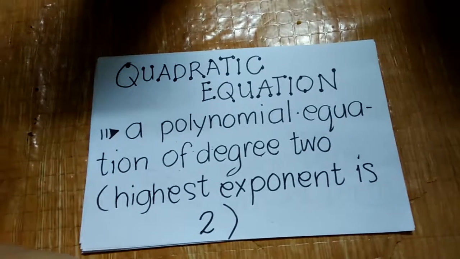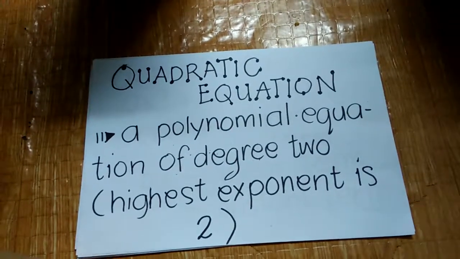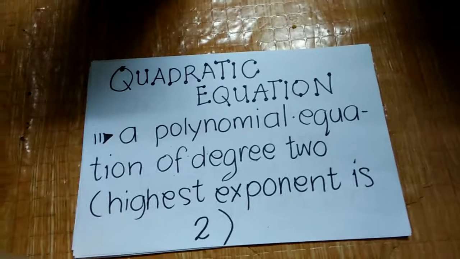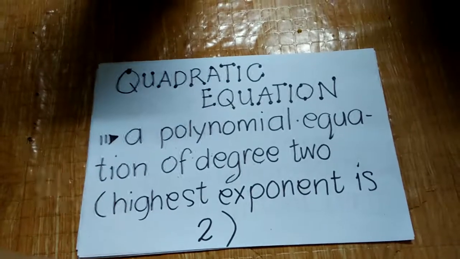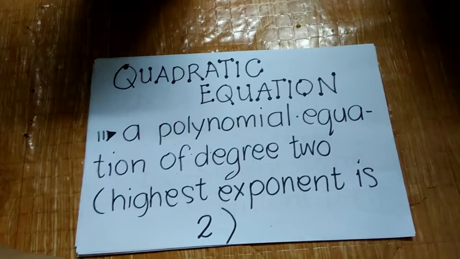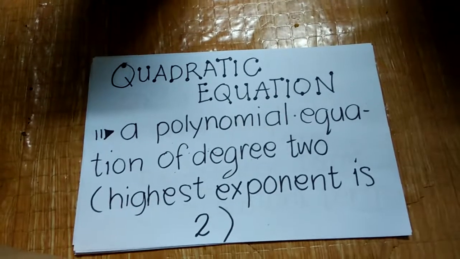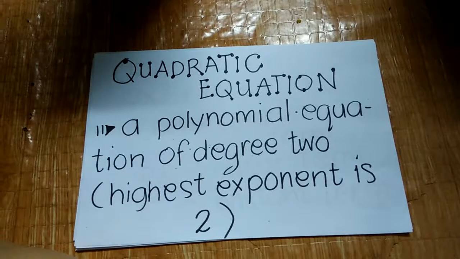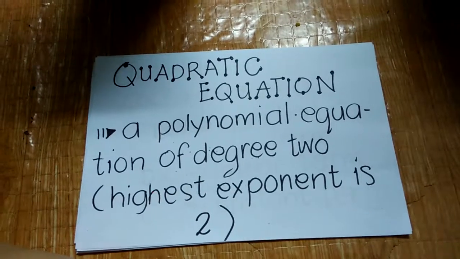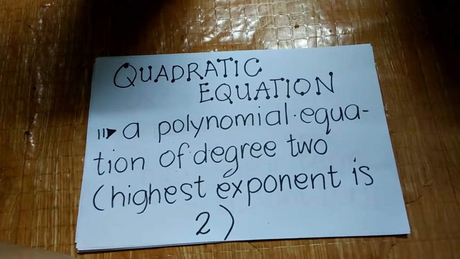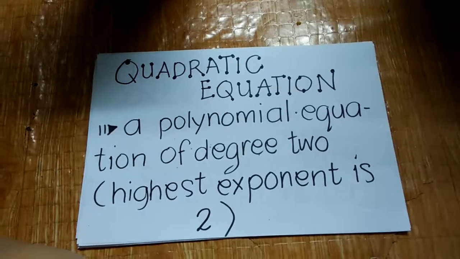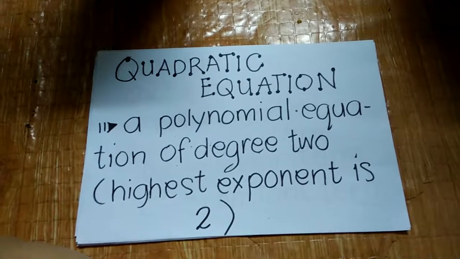Okay? Pero mag-i-start tayo sa basic. Sa pinaka-introduction ng quadratic equation. So, let us first define what is a quadratic equation. As you can see, a quadratic equation is a polynomial equation of degree 2. Or meaning to say, in other words, the highest exponent is 2.